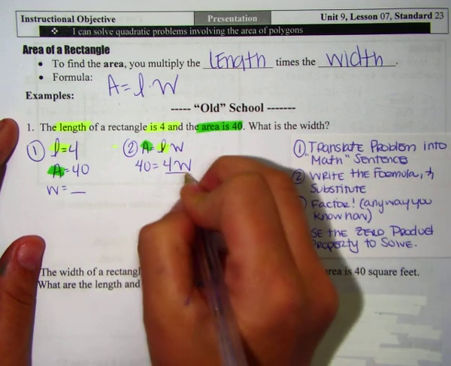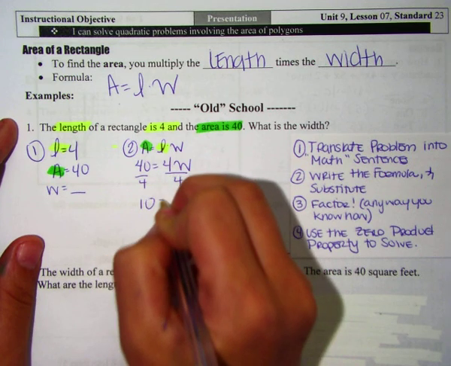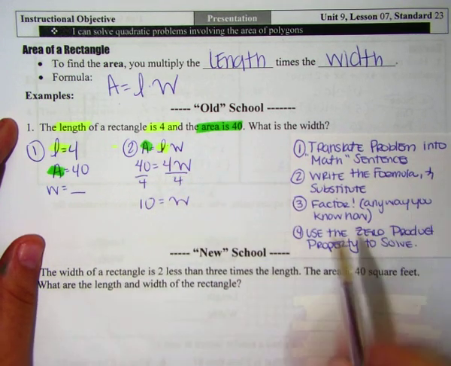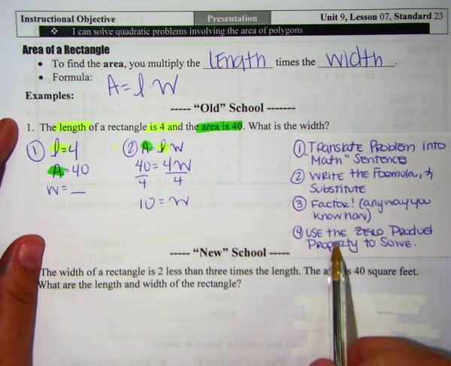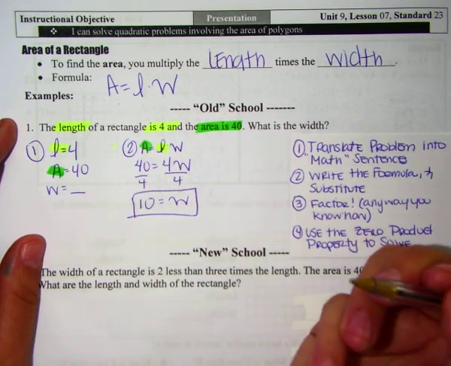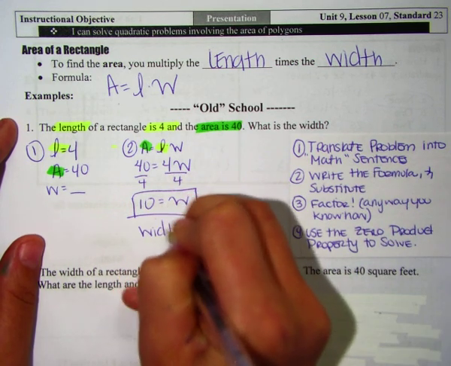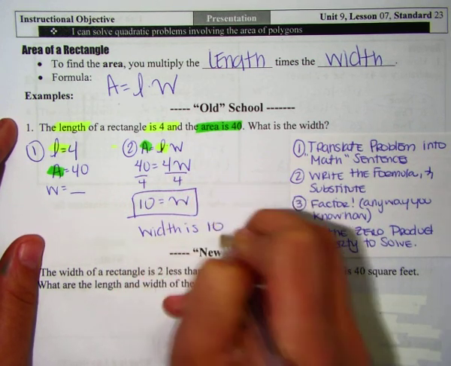Now, divide both sides by 4, and we get 10 equals W. So we actually didn't do these last two steps because this problem didn't have any of it. The width is 40. Or sorry, width is 10.